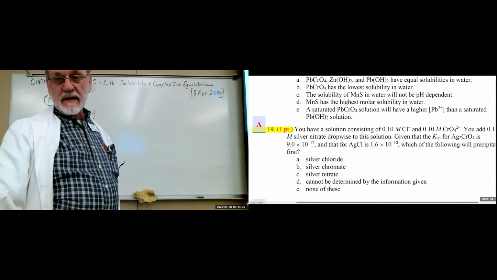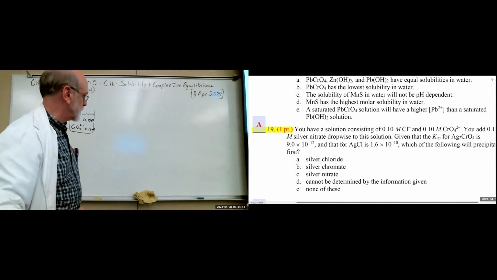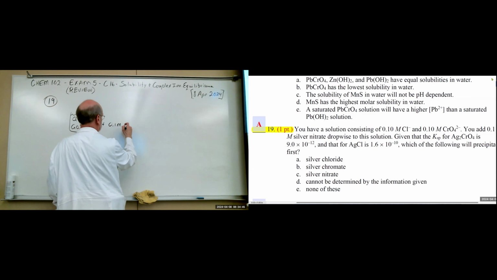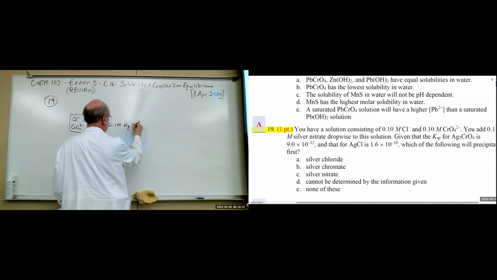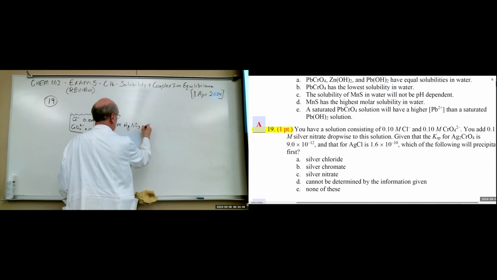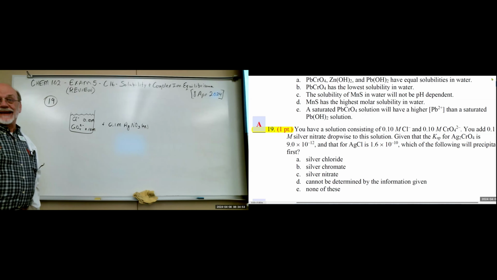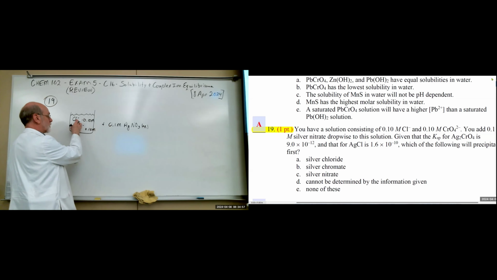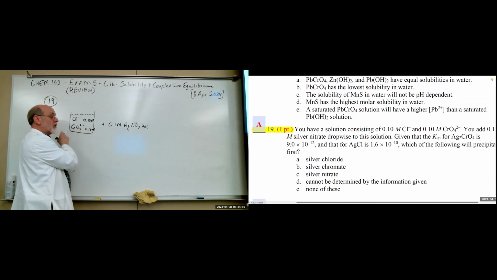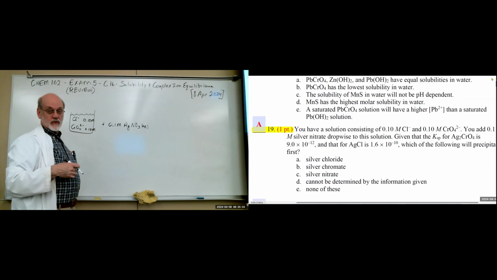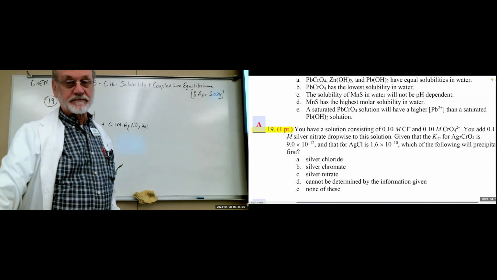And you had 0.1 molar silver nitrate. Now, first of all, is that going to precipitate either one of them at any point in the future? Possibly. Because silver chloride is insoluble, silver chromate is insoluble, relatively speaking. So which one's going to precipitate first?